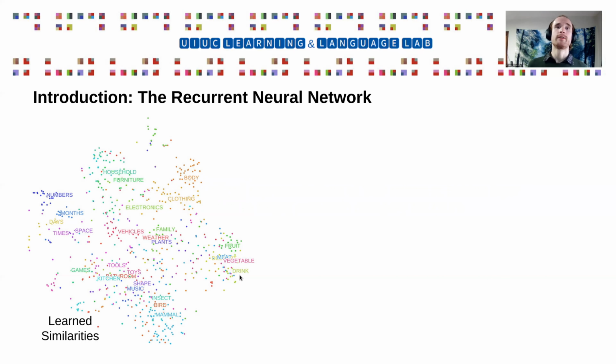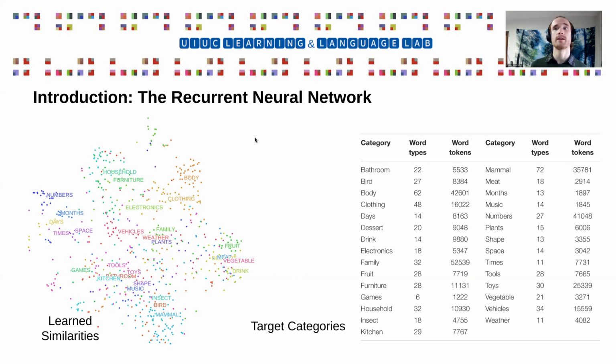But to quantitatively evaluate this learned clustering or similarity structure, we compare to human-generated category labels. There are 27 labels. Each probe word is assigned exactly 1 label. So a cup is a kitchen item, and a dog is a mammal, and so on. And we're just going to compare this.